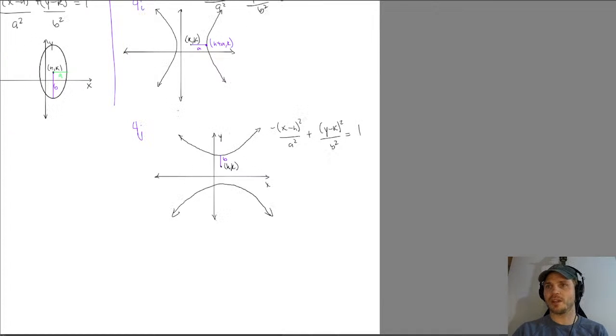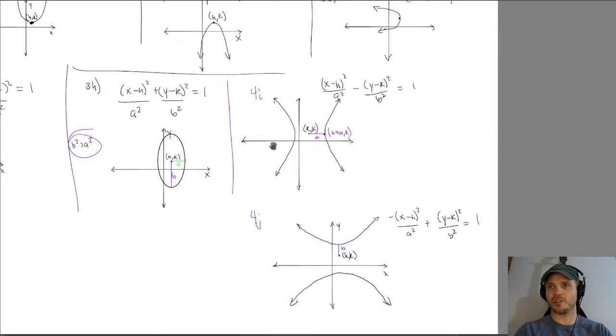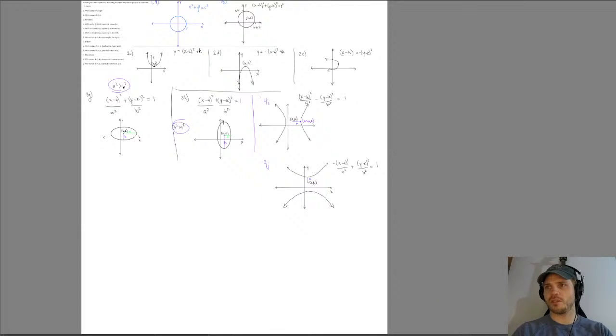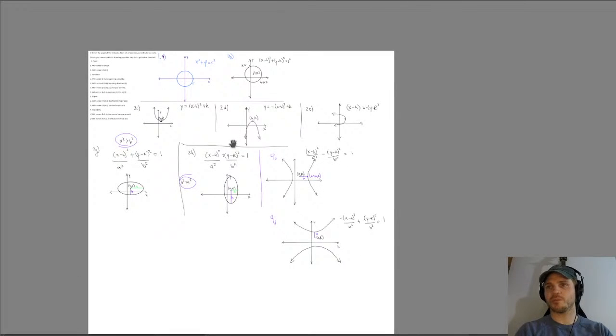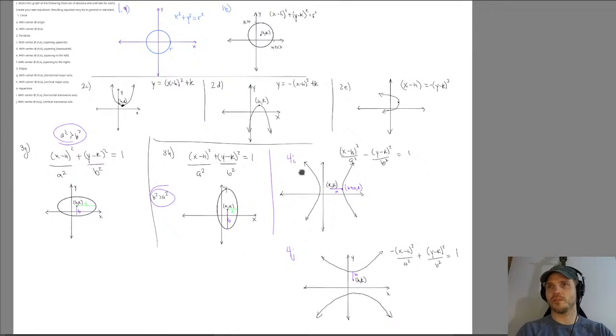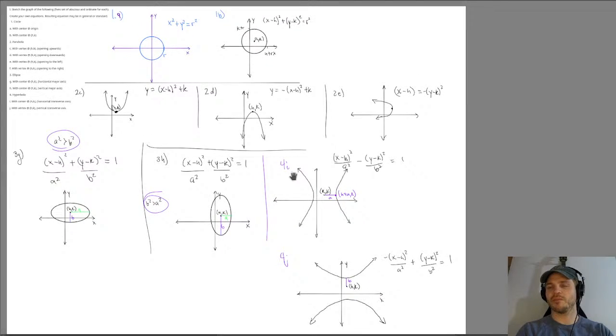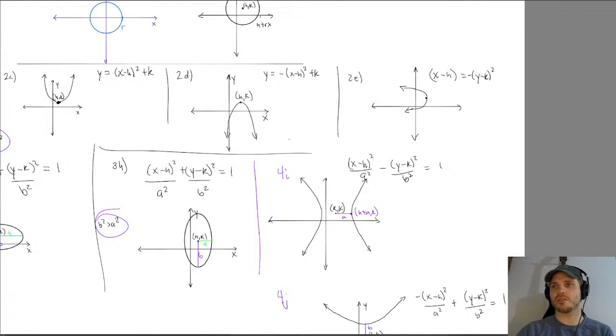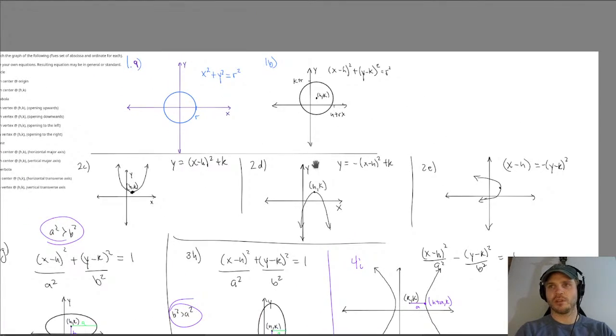Why don't I zoom this out a little bit? I don't know what kind of device you're going to be watching this from. If you're watching this on a big computer screen, that'd be better. Let me give you an opportunity to screenshot, and then I'll zoom it, and I'll take it in 2 chunks.